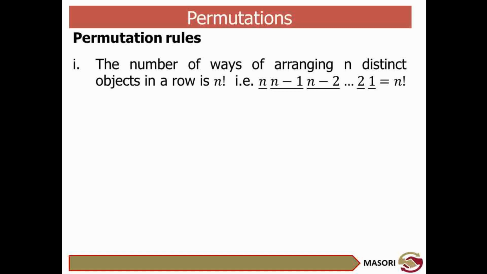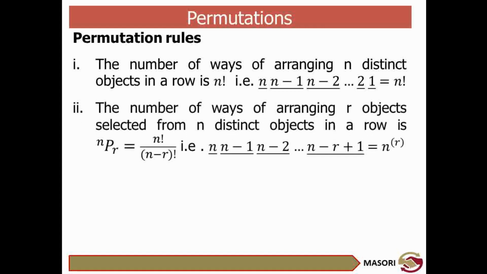So when we say find 2 factorial, for example, then we are saying 2 times 1. 3 factorial will be 3 times 2 times 1. 4 factorial will be 4 times 3 times 2 times 1. So a number factorial is simply that number multiplied by all other numbers as you get down all the way to 1.